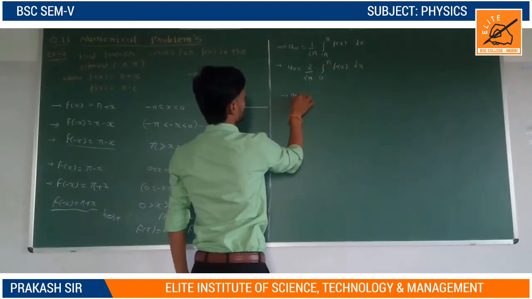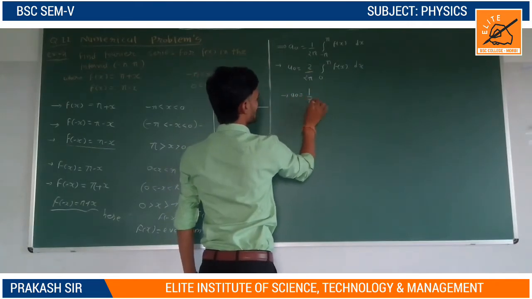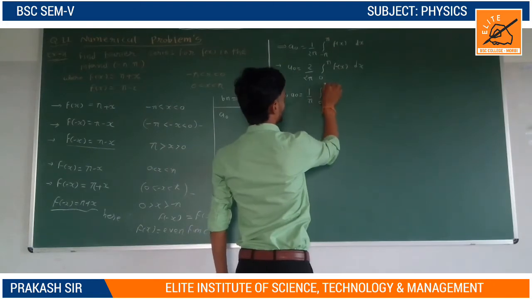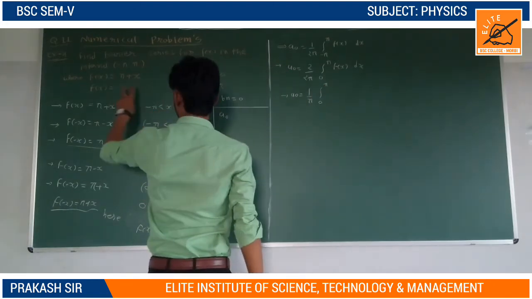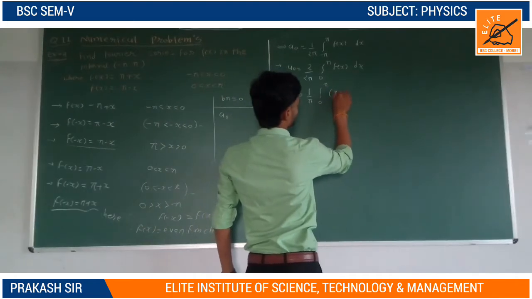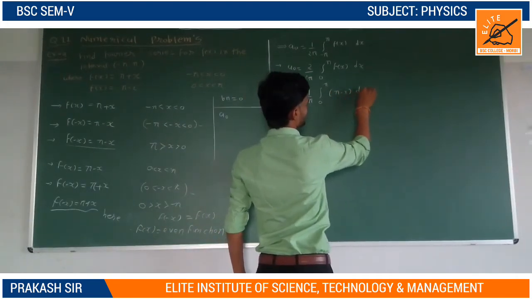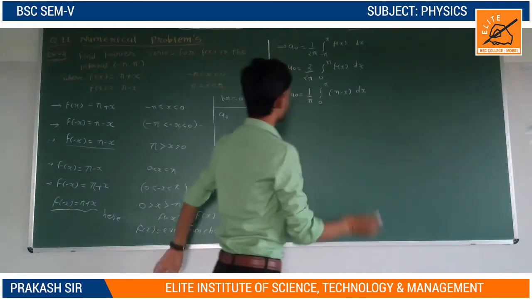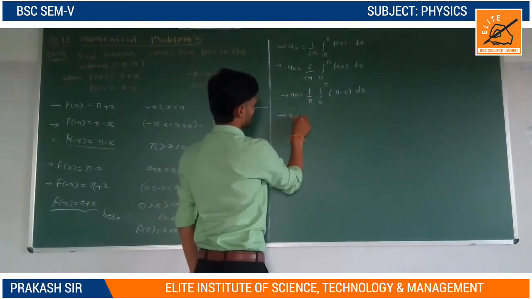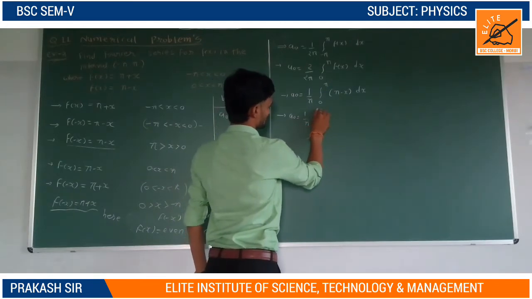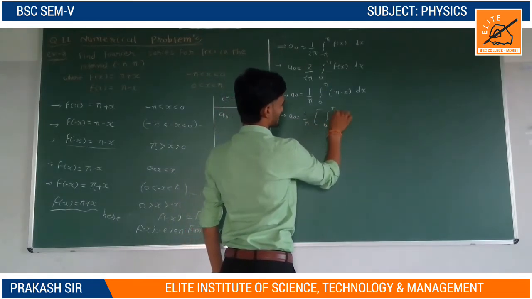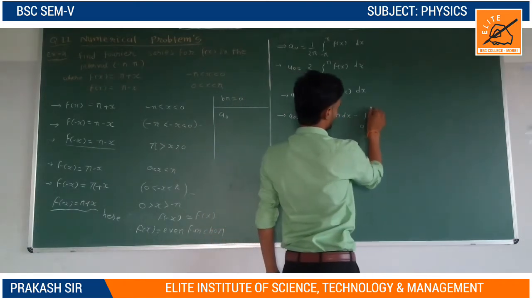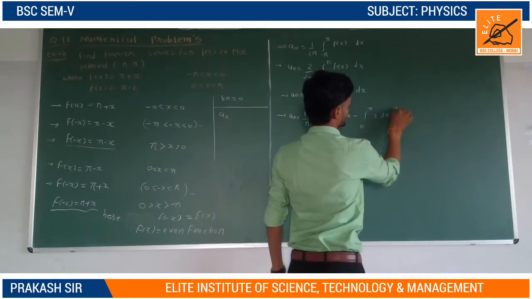So the 2 cancels: a0 is 1 upon pi, integral 0 to pi of pi minus x dx. Now apply the terms to the integrations: a0 is equal to 1 upon pi, integral 0 to pi of pi dx minus integral 0 to pi of x dx.